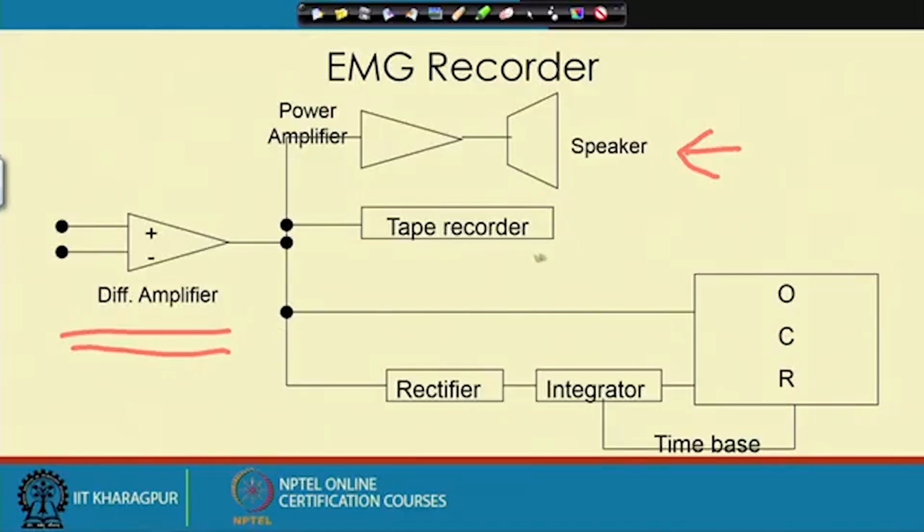The next thing, after the differential amplifier, a tape recorder may be used to record that signal for future use. For example, if some patient is under treatment and has been given different kinds of treatments like medicine, physiotherapy and so on, we want to see, for the same experiment, what is the improvement in the muscle strength.